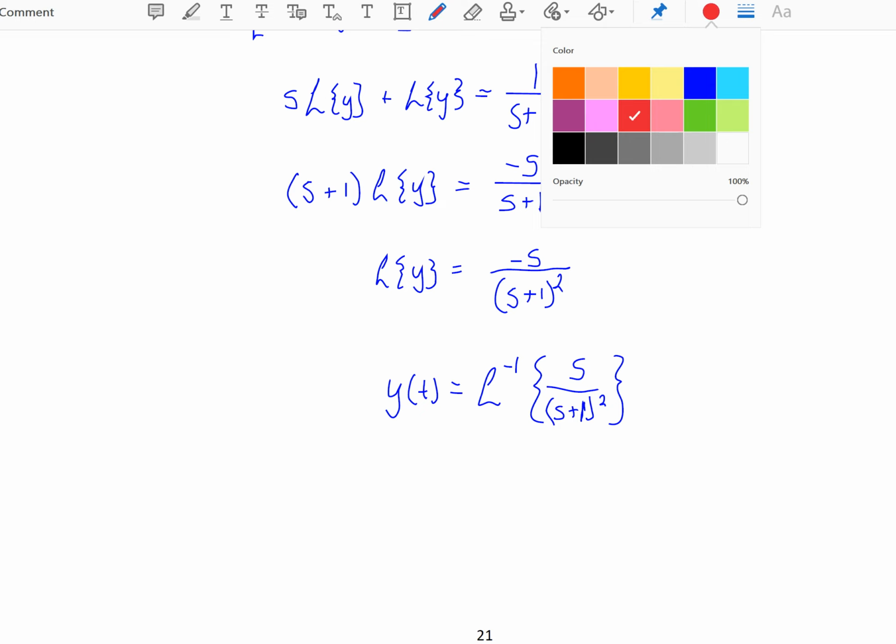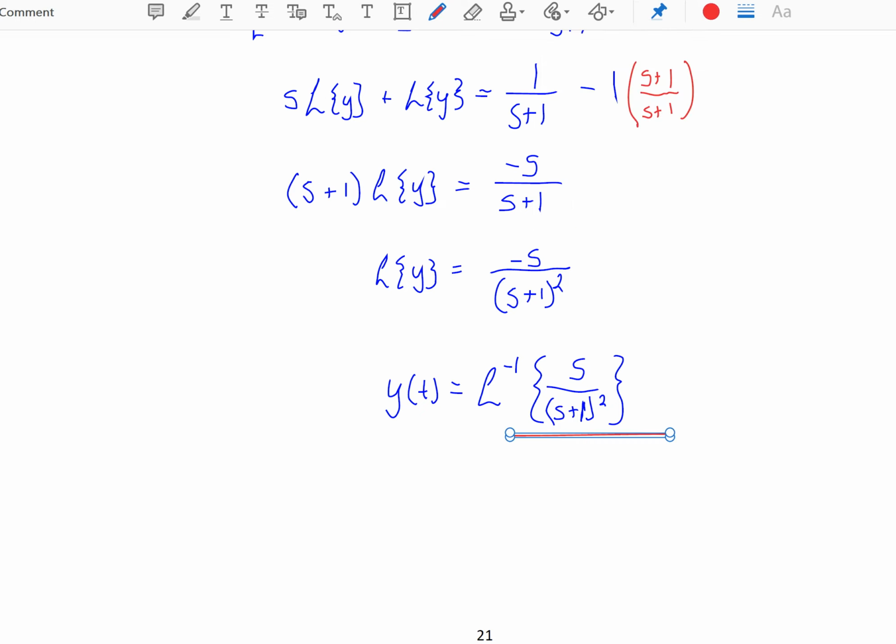Where I think here we want to recognize that our denominator has repeated linear factors. And so you might want to recall how to do partial fraction decomposition.